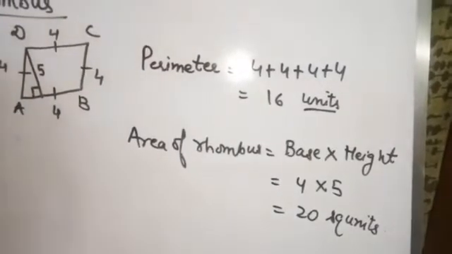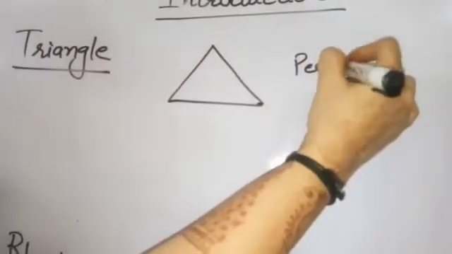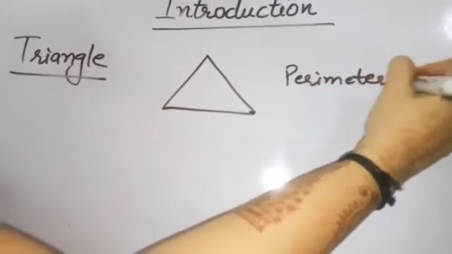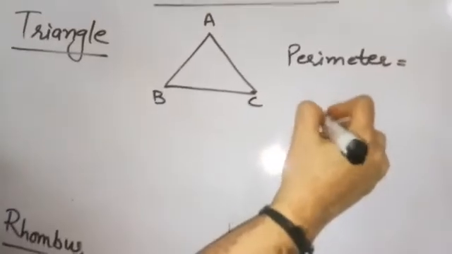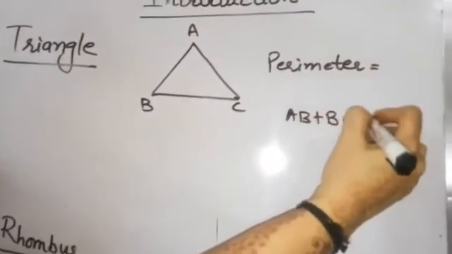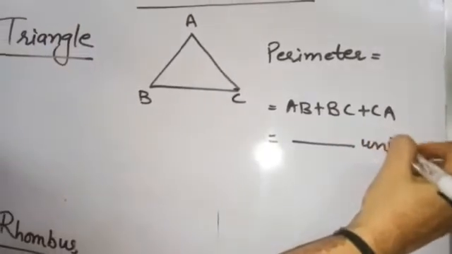Now the next figure which we will study is the triangle. As we all know, this is a triangle, and the perimeter of a triangle is the sum of all the sides. With vertices A, B, C, the perimeter is AB plus BC plus CA, in whatever units are given.